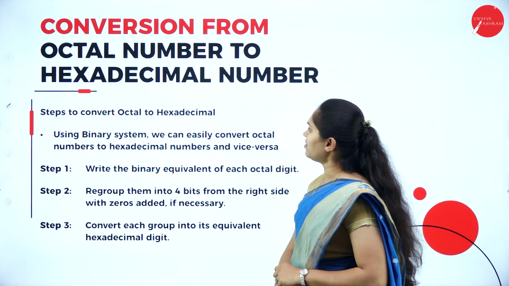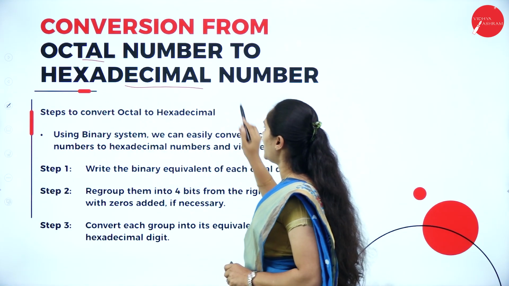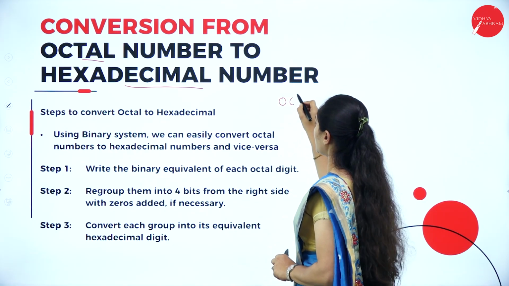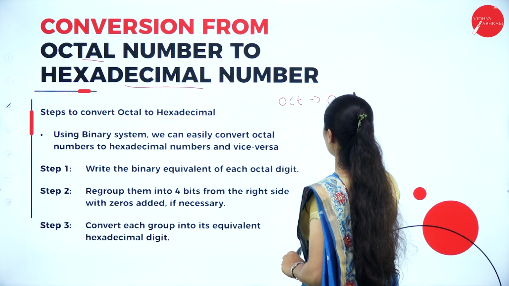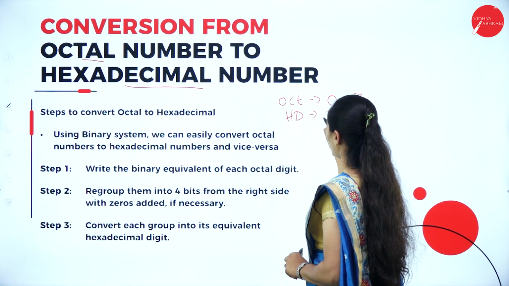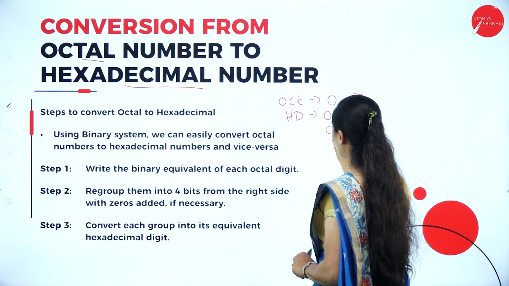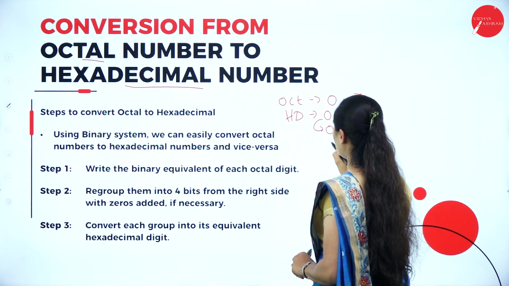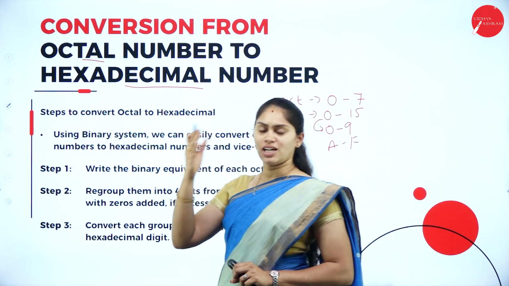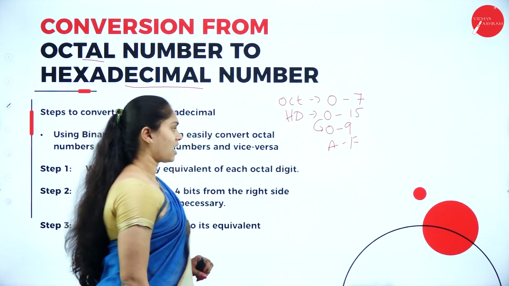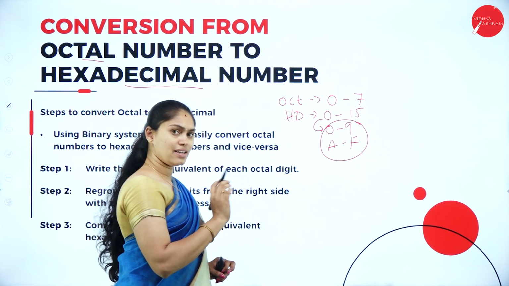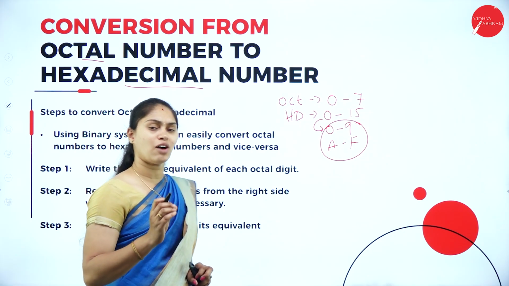That's all regarding conversion from octal number to hexadecimal number. Octal in the sense what? That comprises 8 digits, from 0 to 7, and hexadecimal in the sense it is of 16 characters, 0 to 15, out of that 0 to 9 and then A to F. So whenever I convert from octal to hexadecimal, you can expect the result to be in between 0 to 9 and A to F. Then how do we convert?